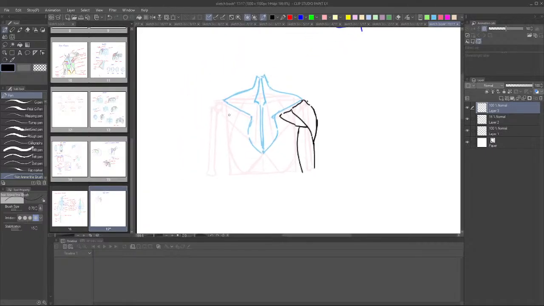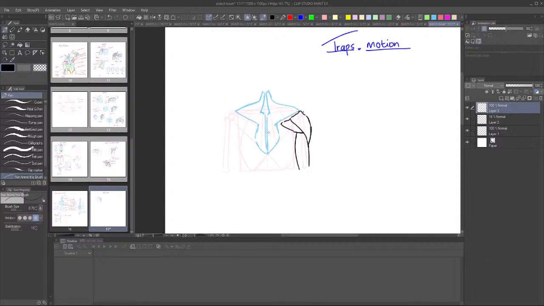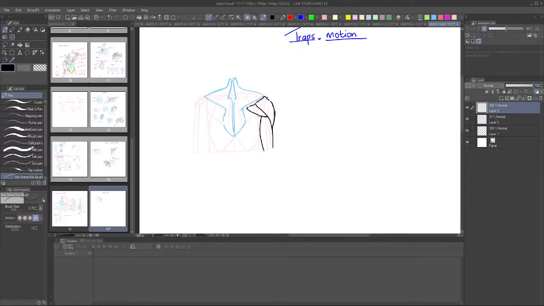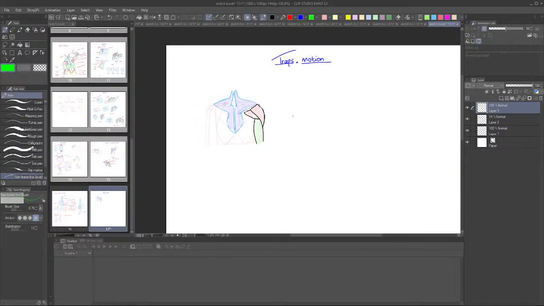Same with the other side. So these are the deltoids, the traps muscles, and the rest of the muscles of the arms.